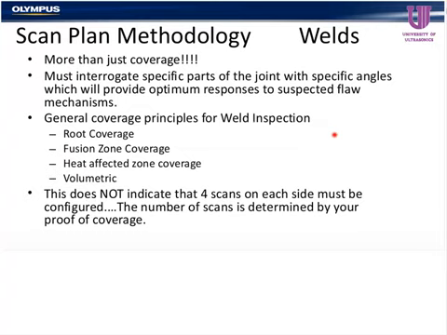So we've taken our weld and broken it down into four critical areas. We've broken the weld into the root, the fusion zone or the bevel, the heat affected zone coverage, and then last but not least, the overall volume of the part.